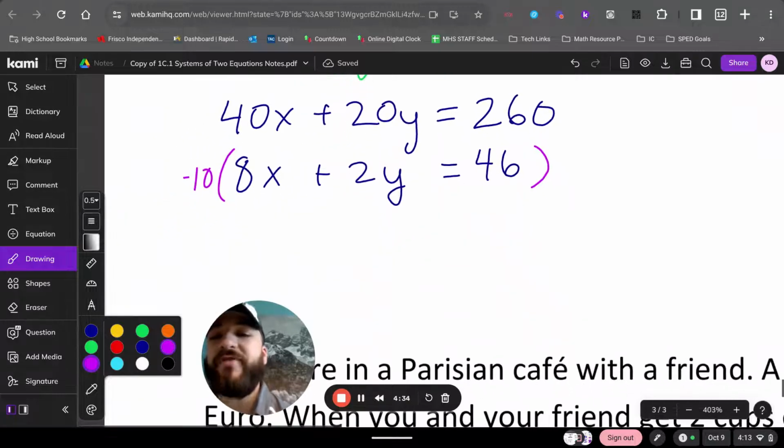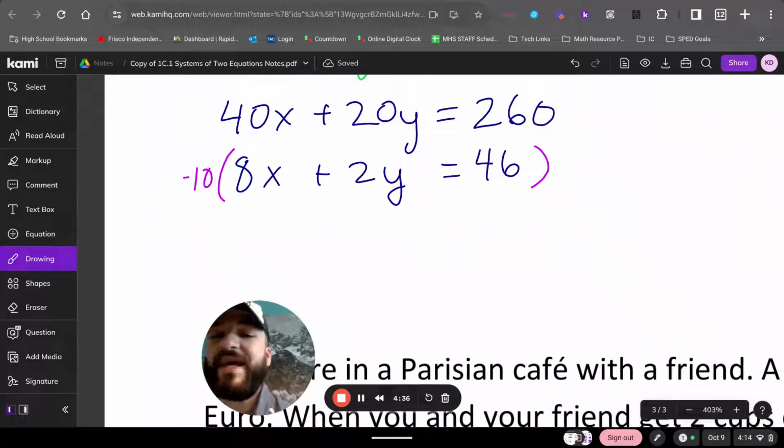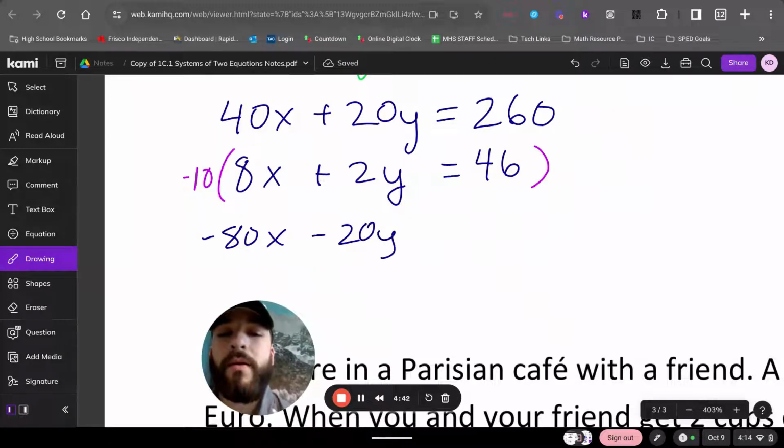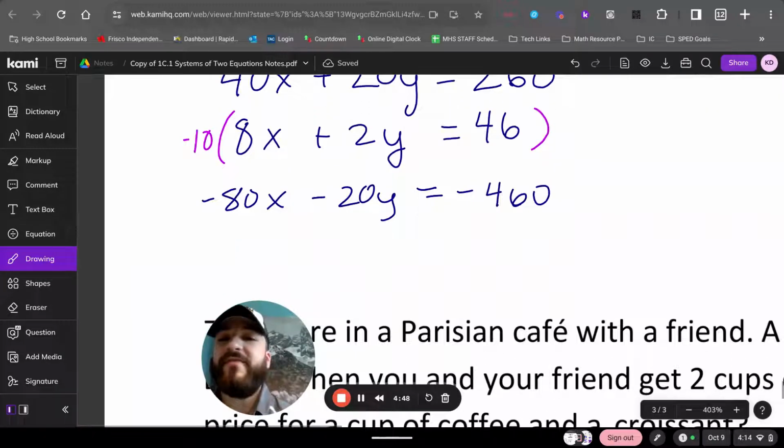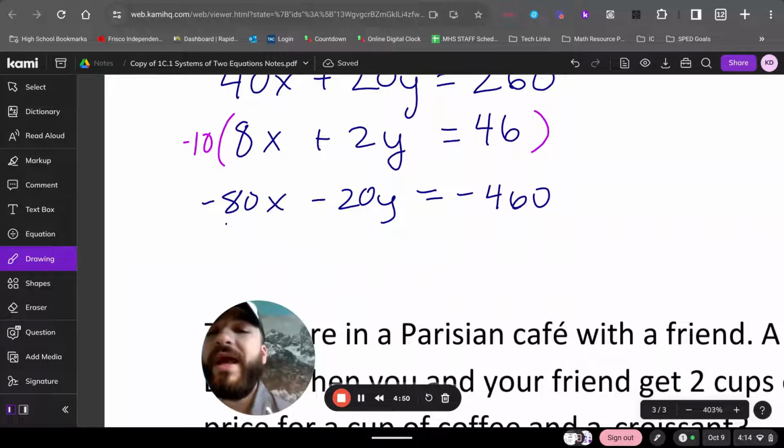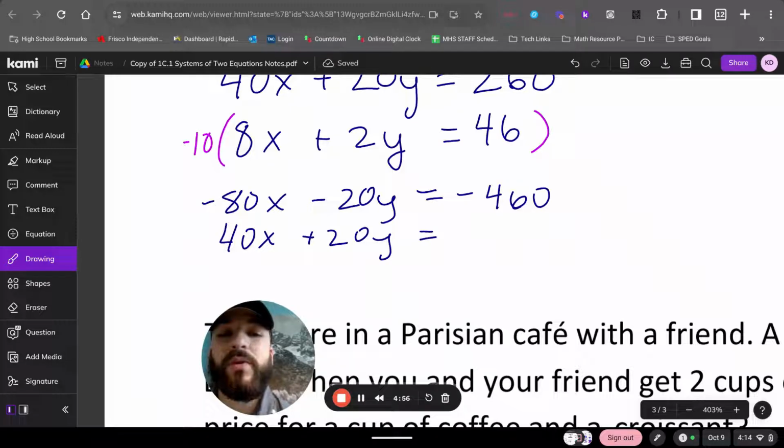So multiplying everything by -10, that gives us -80x minus 20y is equal to -460. Okay, and then I still have my other equation of 40x plus 20y is equal to positive 260.